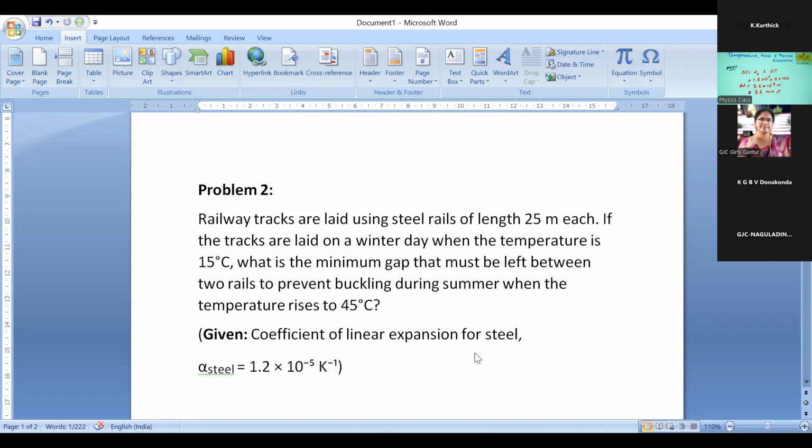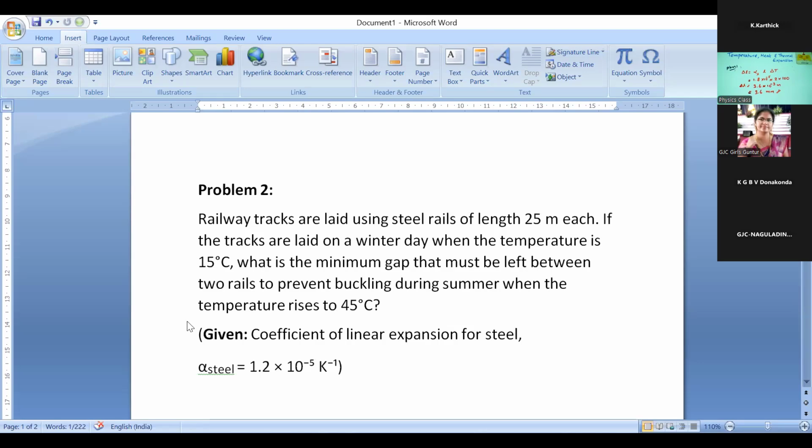Coefficient of linear expansion for steel is 1.2 into 10 power minus 5 Kelvin inverse. This is a constant value, already you know that.